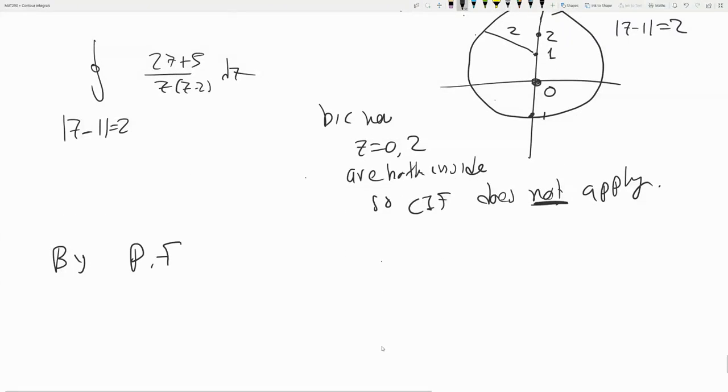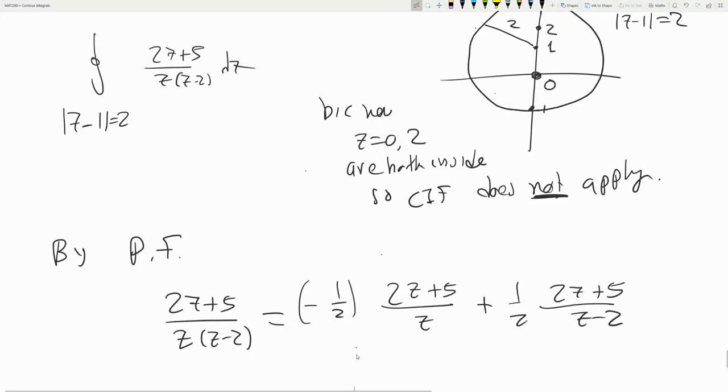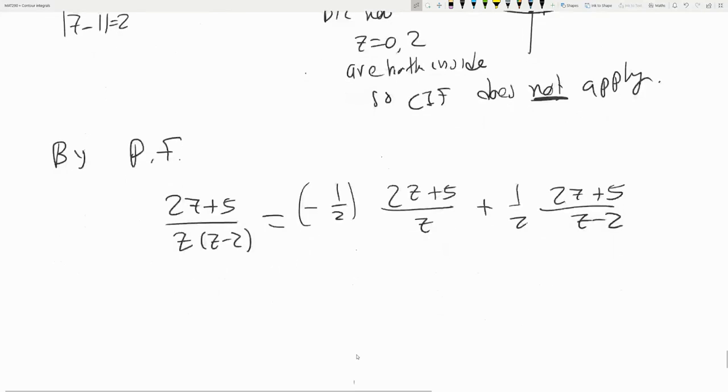By partial fractions, we have the following: minus a half of 2z plus 5 over z, and a half. Okay. So now we can do Cauchy integral formula.